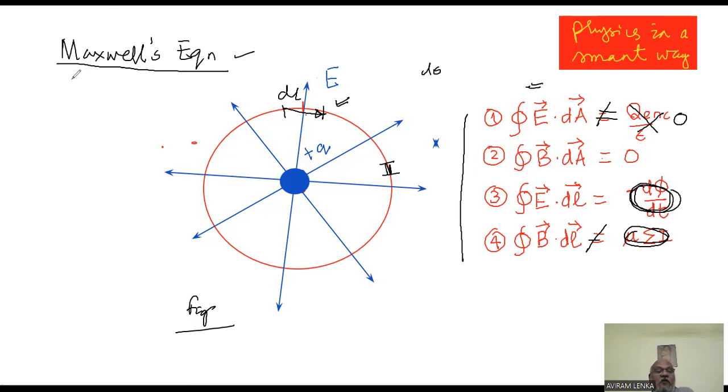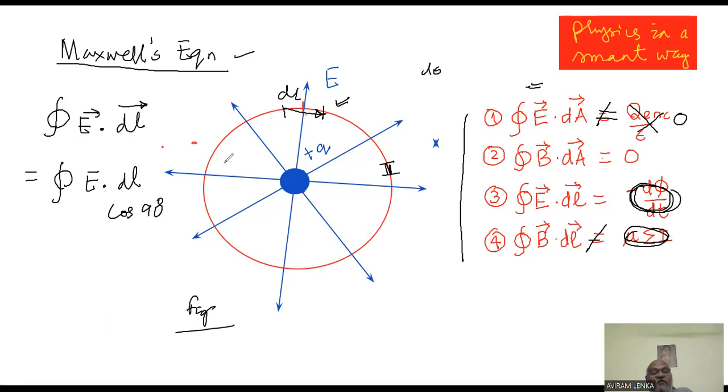So if I consider the closed path integration of the dot product of electric field and the displacement of the path, we shall be coming to closed path and all those things. Because you are involved with a dot product, that is E into dl magnitude into cos of the angle between them.